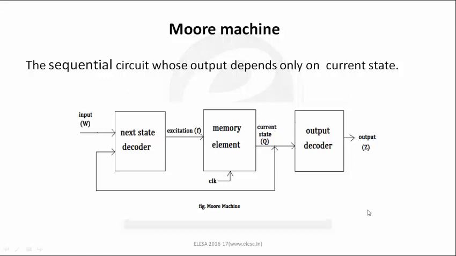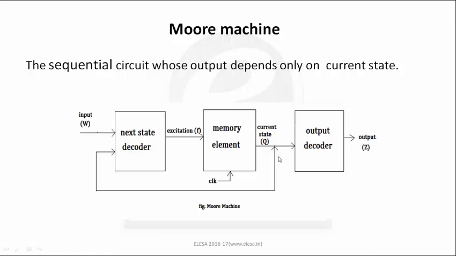Here we see the combinational circuit, which is also called the next state decoder, which produces an output called the excitation, and this is given to the memory element, where the memory is used to store whatever output is produced by the next state decoder.